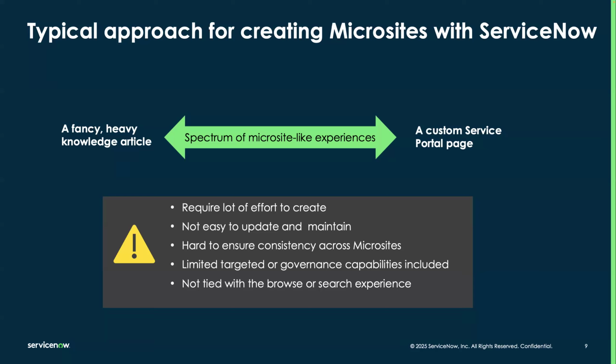Because these microsites were created in isolation from the main portal, it was tough to keep a consistent look and feel, both in terms of design and user experience. And finally, they lacked proper targeting and governance, and they were not integrated well with the browse and search experience or the unified taxonomy that we have. So even if the content was great, it was hard for employees to actually find it.